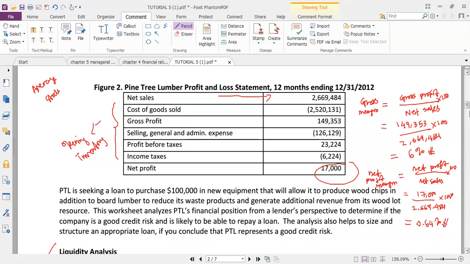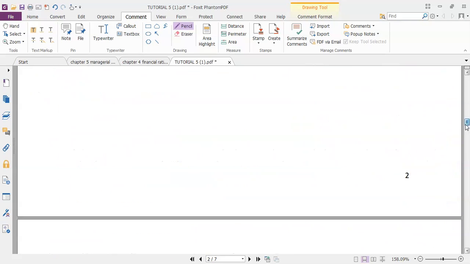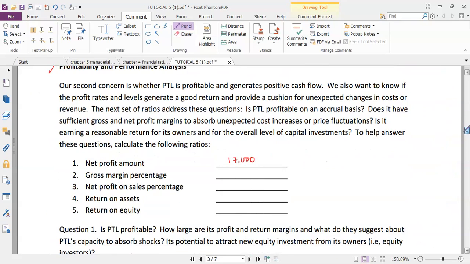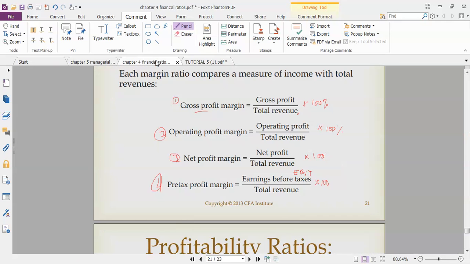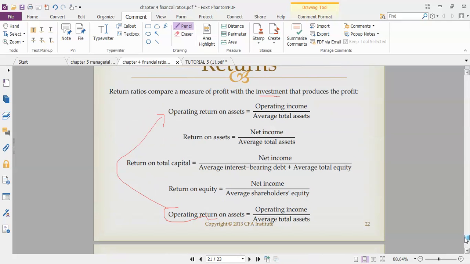Okay. So next, what is the question? Okay, return on assets. So how do you want to calculate return on assets? So is there any formula here? Return on asset, yes, that is correct.